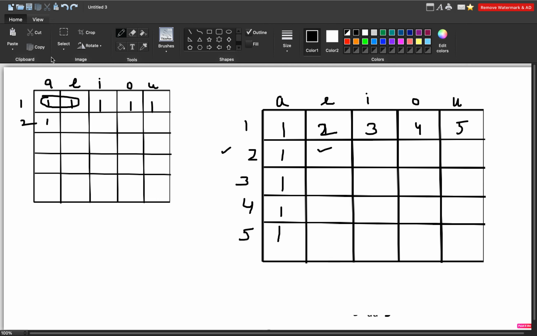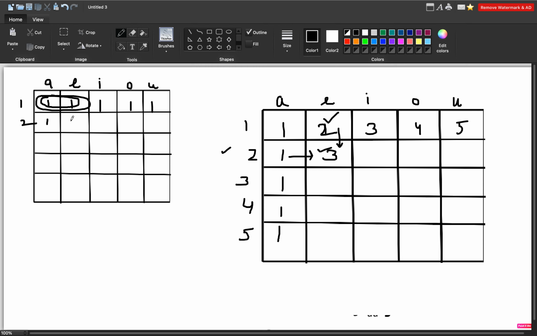But what better we have done is that now we don't need to find this sum, this sum, because it is already stored here, because it stores the previous sum also. So what we will be doing is, now we need this one plus this 2, which will be 3.